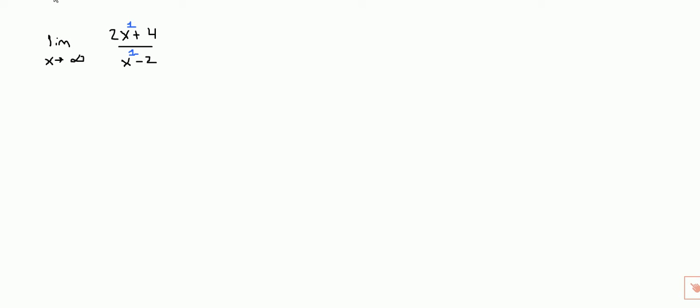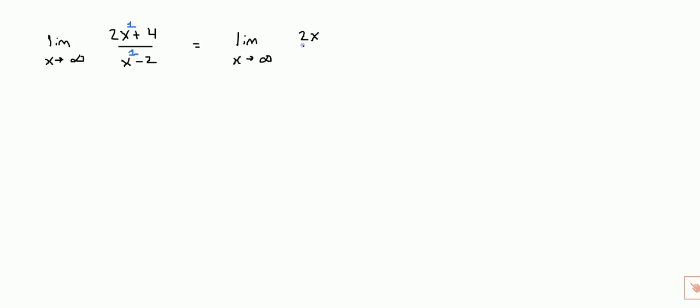And what you do is you essentially just cross out all of the terms that are not attached to that highest degree. So on the top, we're going to keep the 2x, but we're going to get rid of the 4. The 4 isn't attached to x to the 1, only the 2 is.